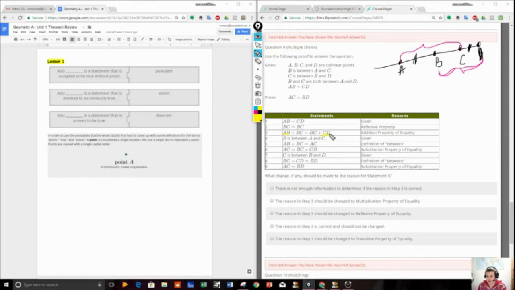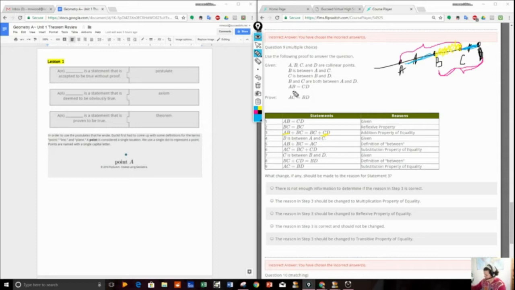So that's why that's equal. So they took the reflexive property. They said, okay, this segment right here in the middle is equal to itself. And since we know that AB is congruent to CD, or equal to CD, that means that when we add them, it's the addition property of equality.